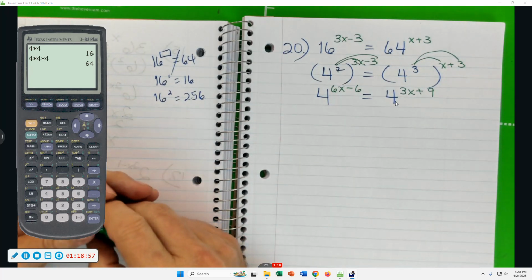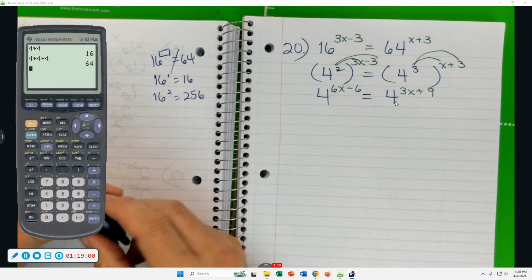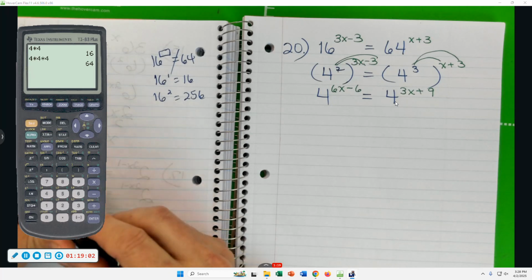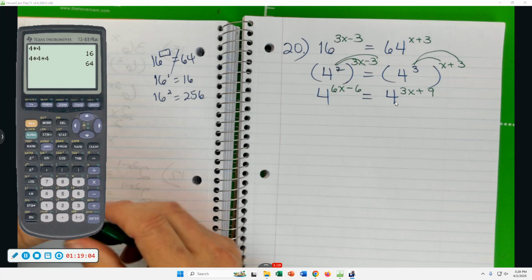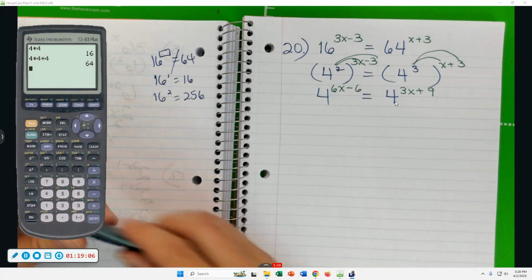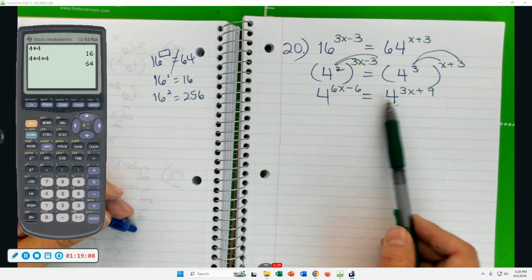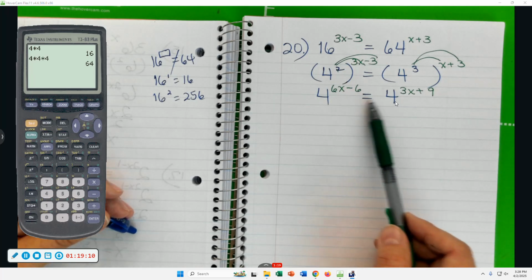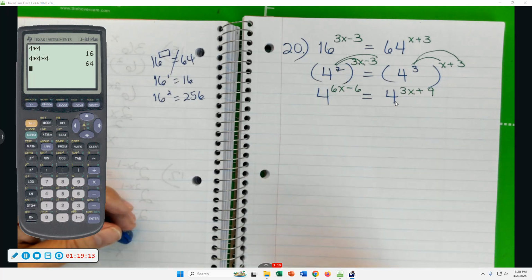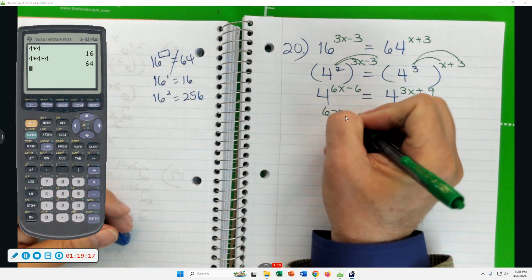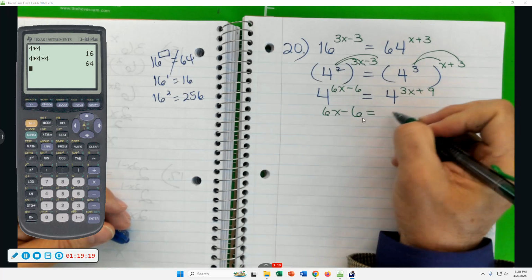Now what can we do? Are we going to write the number 4 now, or are we through with those big 4s? We have the same base on both sides. Base to power equals base to power, so we drop the base and set the exponents equal.